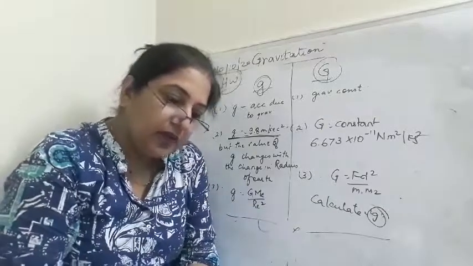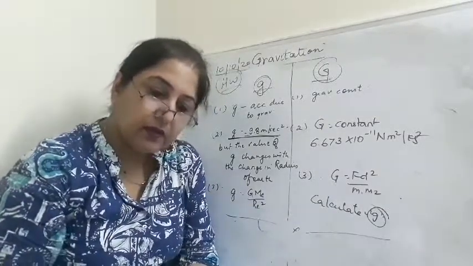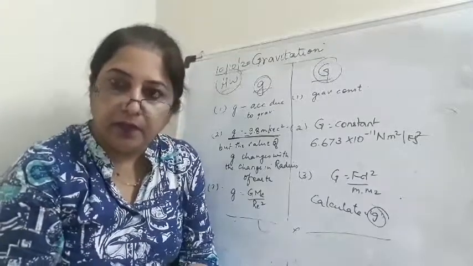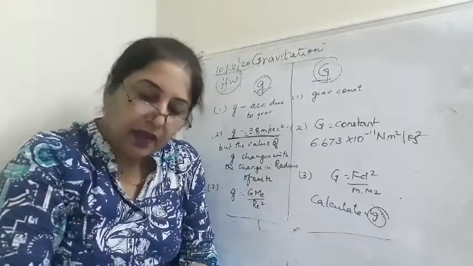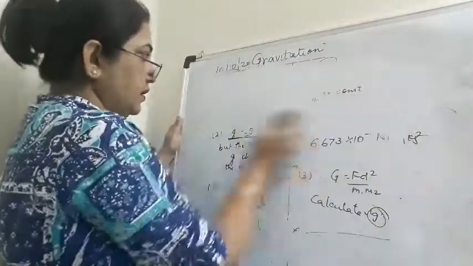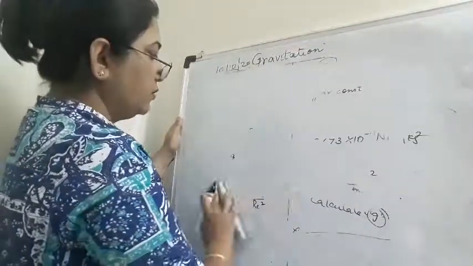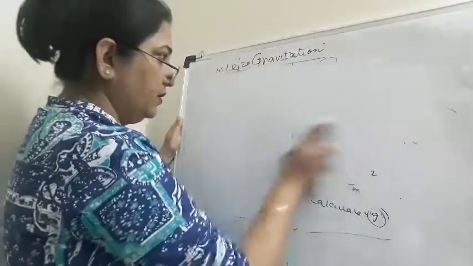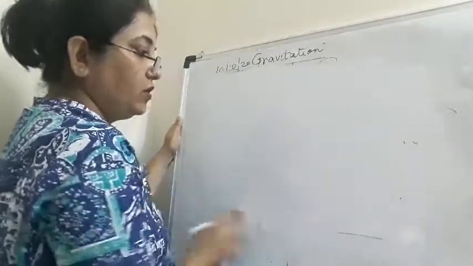Now, I have completed the topic free fall. I told you everything about g. And remember that I told you that in this chapter, whenever we are talking about acceleration, it will always be small g.